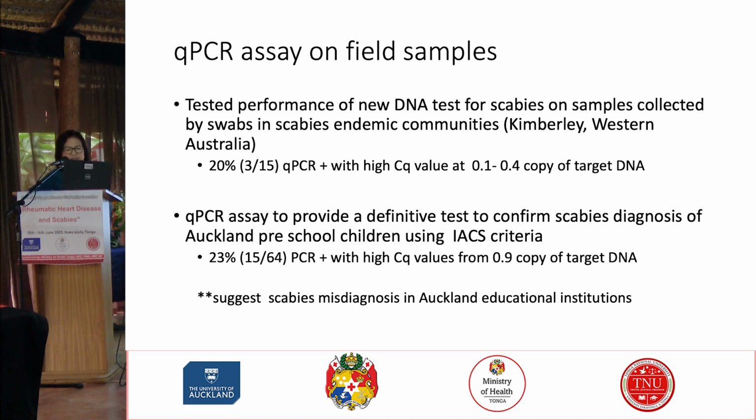We've also tested this qPCR with the Auckland kids, with a 23% positive rate. It's variable in Auckland because the lowest copy we detected is 0.9 copy of target DNA, but it certainly helped Simon and the university group to suggest that there is currently scabies misdiagnosis in educational institutions in Auckland.